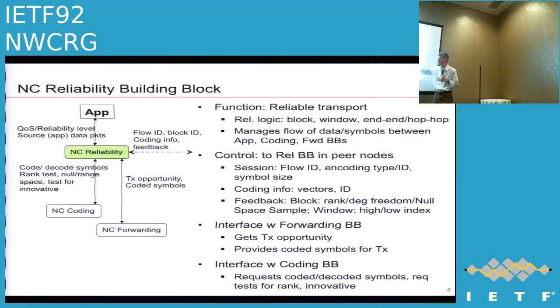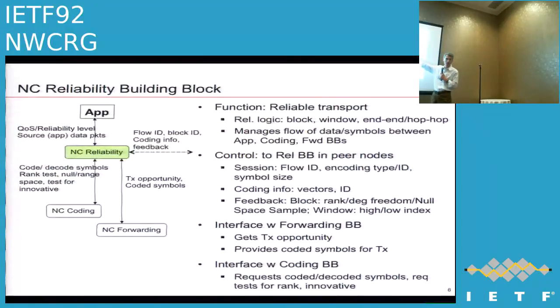There is another module or functional block that takes care of all the coding, decoding operations, and reliability is responsible for making sure things are reliable in some sense. There are many ways of getting reliable or semi-reliable transmission, but that's the home of that function.